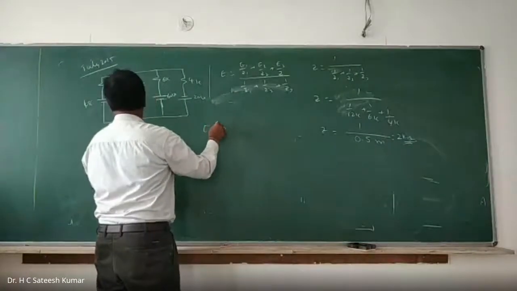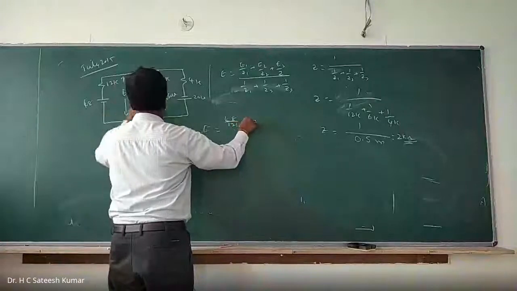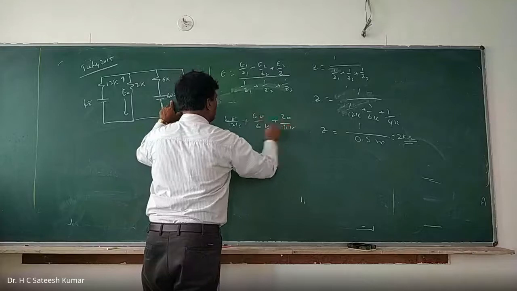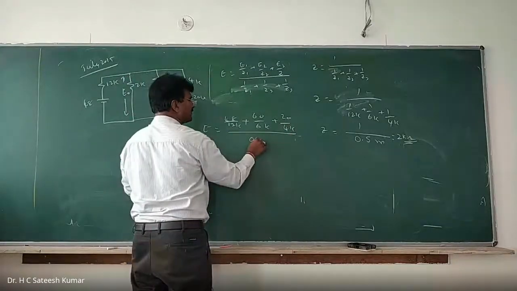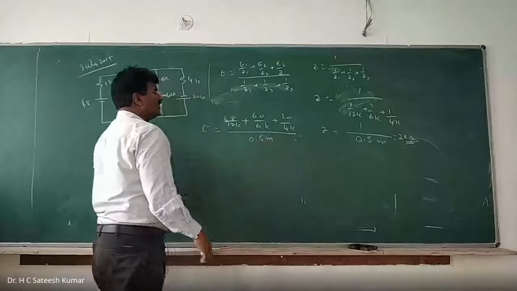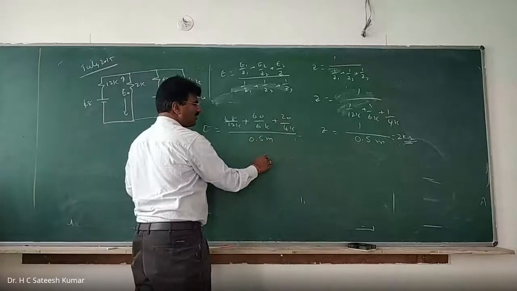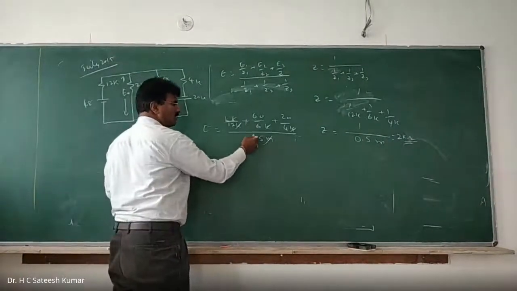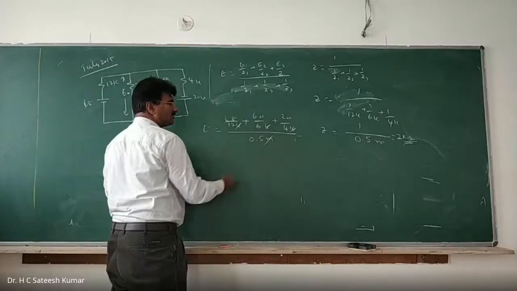E is equal to E1 by R1 and so on. E1 is 48. 48 by 12K plus 60 by 6K plus 20 by 4K whole divided by 0.5 milli. Okay, right. So this milli, when you take into denominator, it becomes kilo. The K gets cancelled. Okay, right. So 0.5, 1 by 2. 2 will get cancelled with this 2.